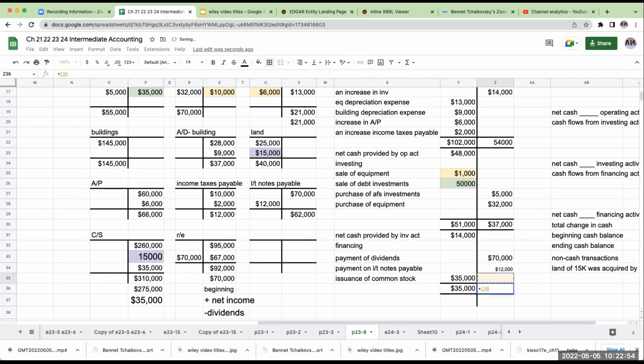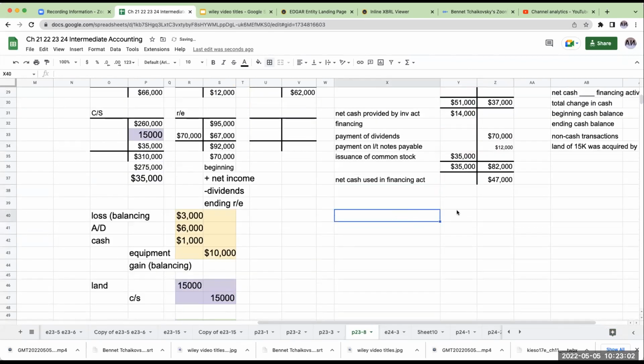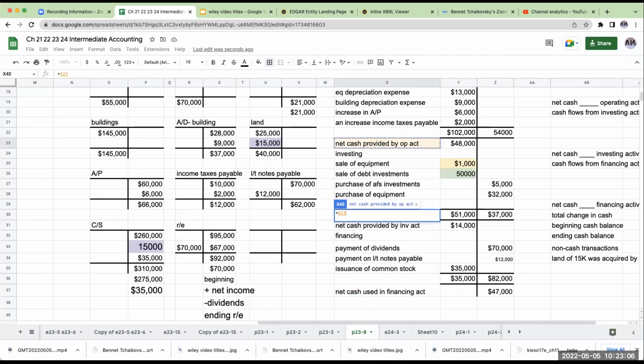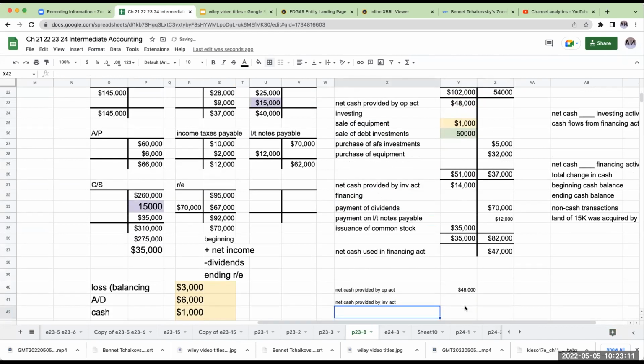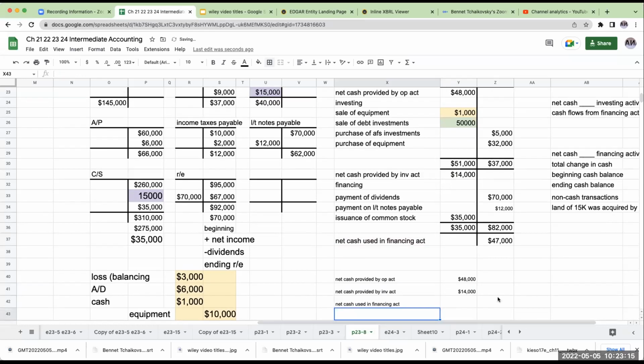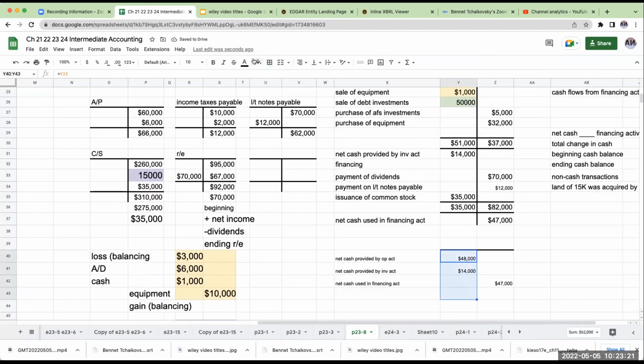My net cash used in financing activities is 47. If I go through and add up these various different accounts, so 48, investing is 14, financing is 47. If I add up these accounts, I have no idea whether or not this answer is correct.